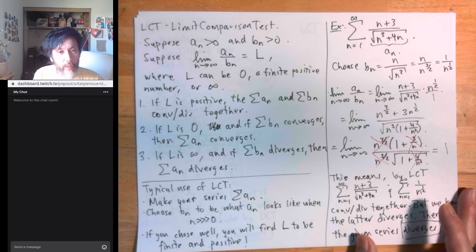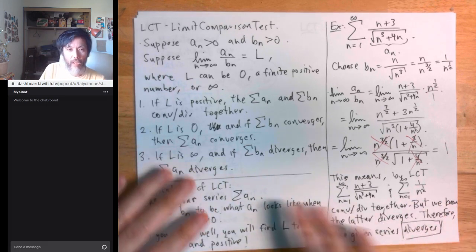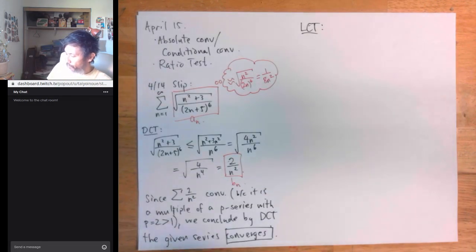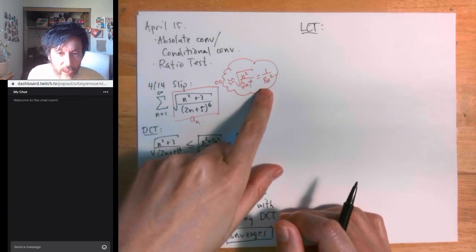You're going to do that red thought bubble as it pertains to your given sequence, and you're going to ask yourself, what does a sub n look like when n is very, very large? And you're going to use the resulting thing that your red thought bubble comes up with for your b sub n. So going back, here's my red thought bubble, and here's my b sub n then.